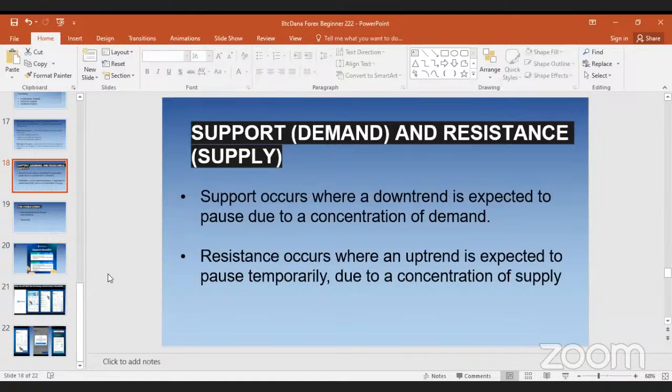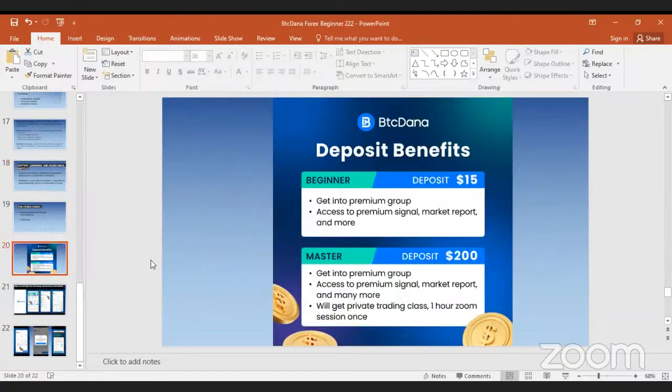Fund your account with at least $15 so that in the afternoon we get to place a trade together. And I promise you it's going to be profitable. If you deposit up to $15 now, maybe before tomorrow your money might have even doubled.